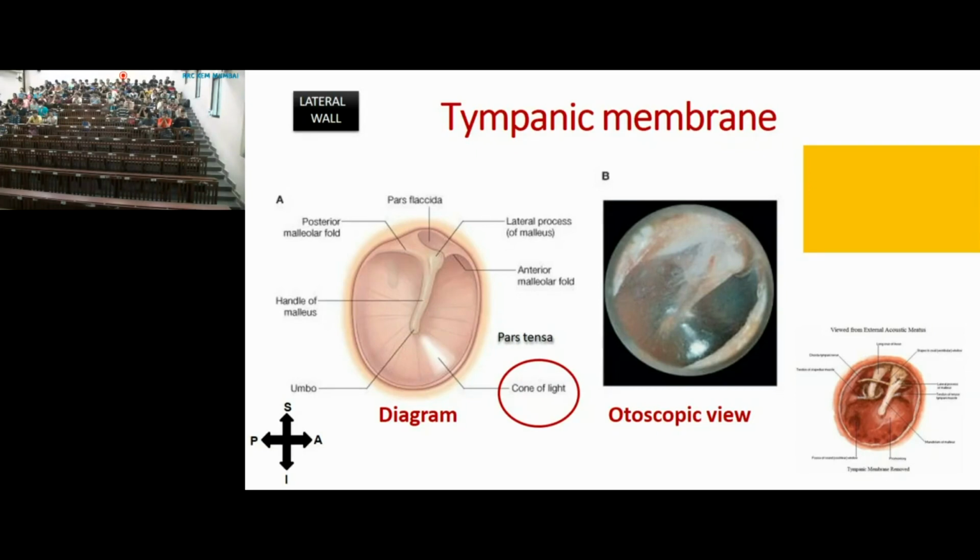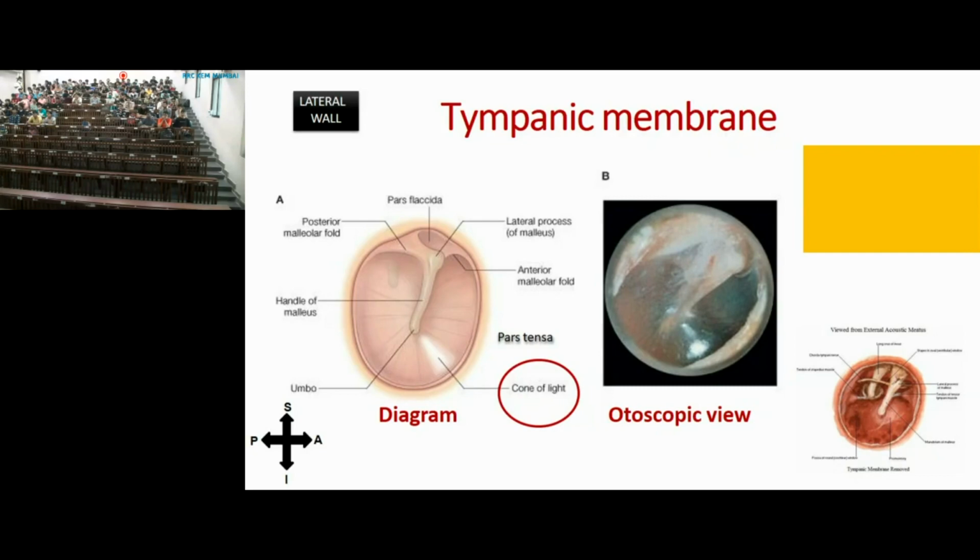If you want to perform certain procedures on the tympanic membrane, this cone of light is important. Once you see this cone of light, it will help you identify the normal status of the tympanic membrane. If it is seen bulging, or if the cone of light is absent, there could be pathology present inside the tympanic cavity.